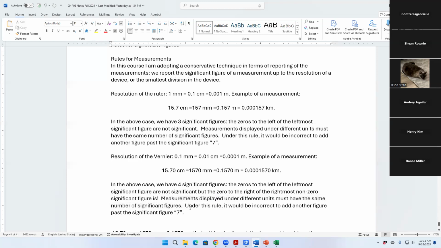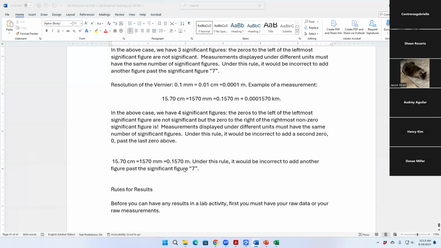Under this rule, it would be incorrect to add another 0 past the last 0 above.